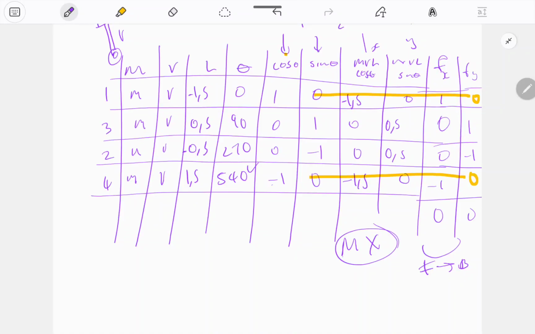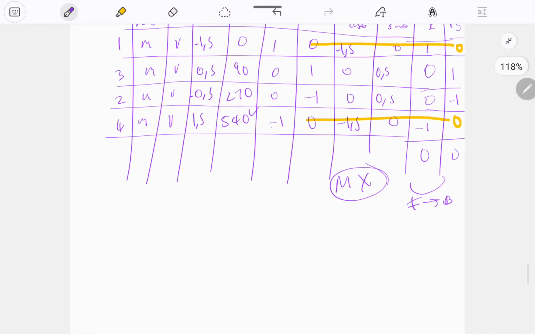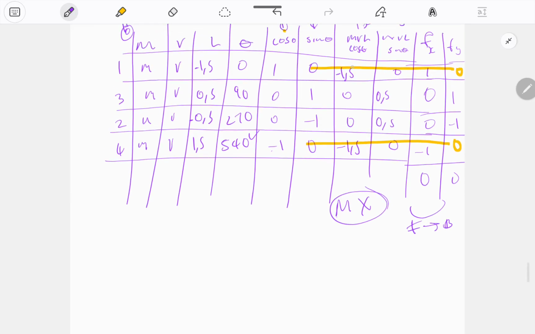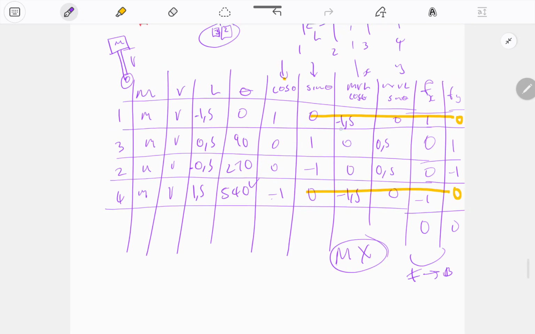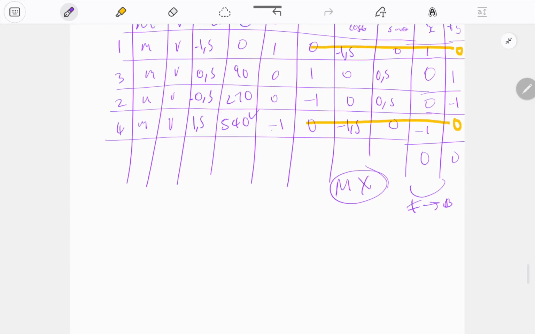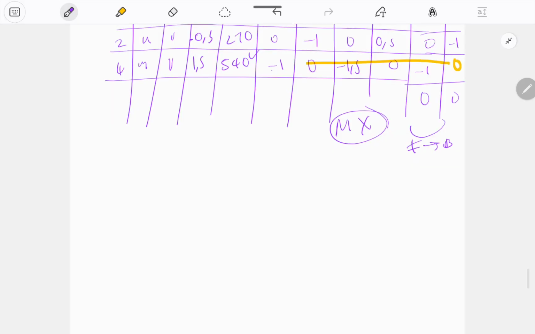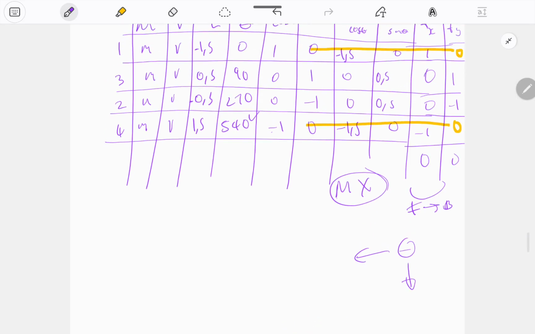Let me sketch for moment. So you should use a ruler, which I'm not going to do for now. What I'm going to do to plot this guy, I'll have negative 1.5 here, so it's on the x, remember? So I'll have 1.5. It's negative this way, so this guy is negative, and also this guy is negative.